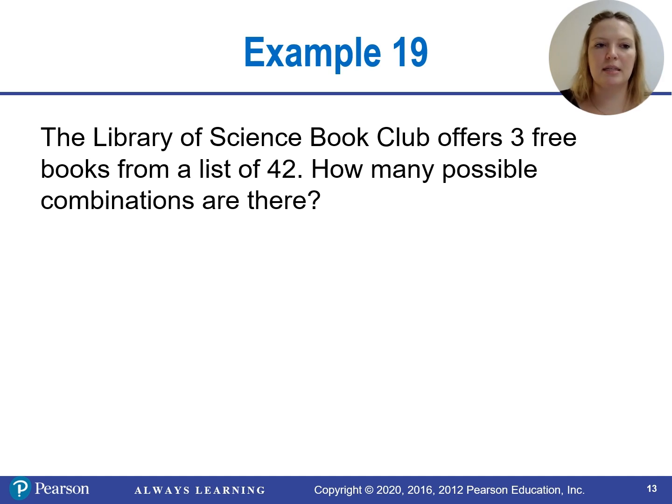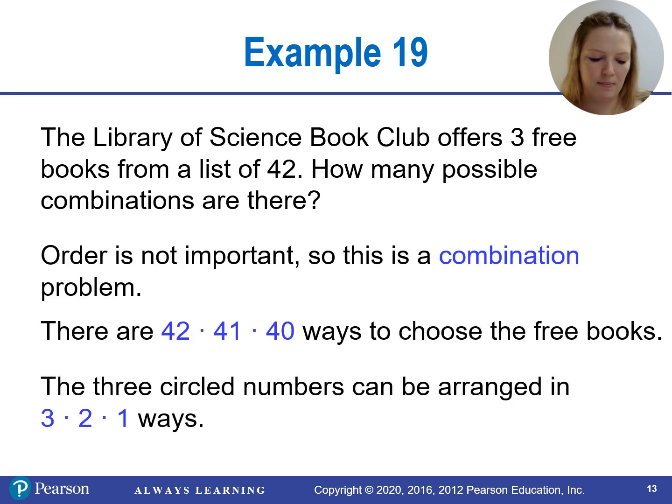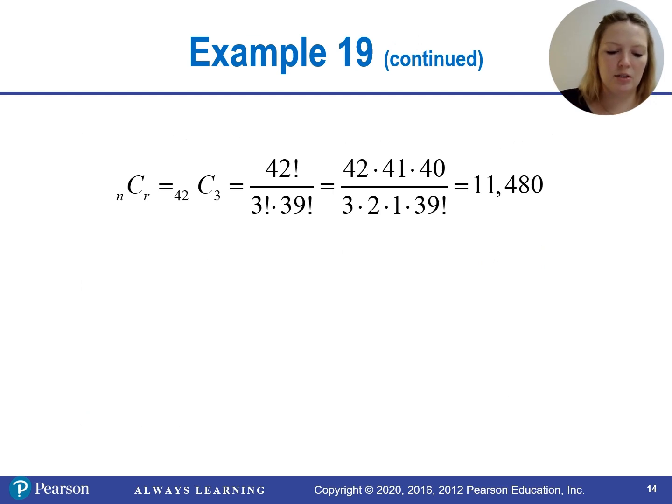If we go back to the example that's offering 3 books from a list of 42, then N choose R would be 42 books, choose 3 of them.